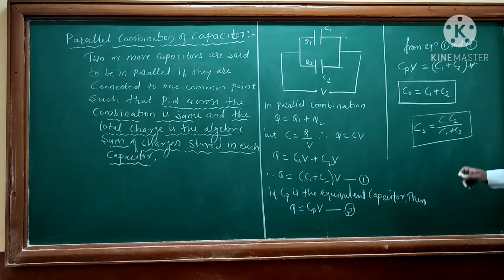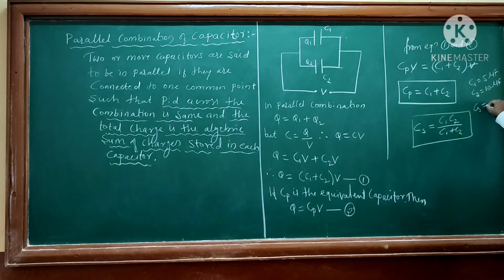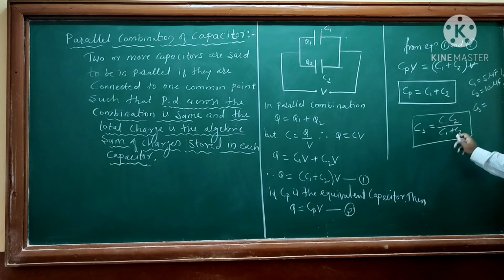If suppose C1 is given as 5 microfarad and C2 is 10 microfarad, then Cs will always be less than these two. If I substitute the values of 5 and 10 here, I get 50 by 15, so it is around 3.5.